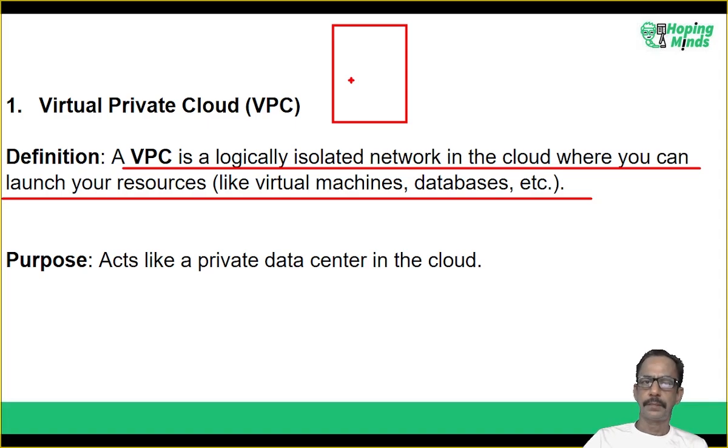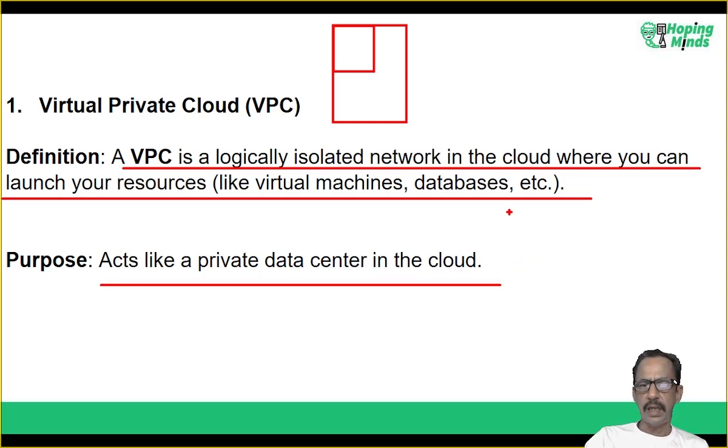Same thing here: apart from the physical setup, everything is your responsibility in the VPC. Just like a traditional data center, you decide the IP range, subnets, CIDR, and configure the routing table, internet gateway, and NAT. So it acts like a private data center in the cloud.